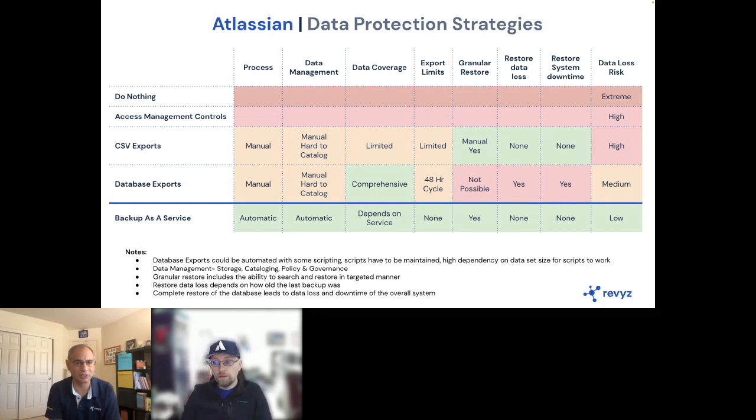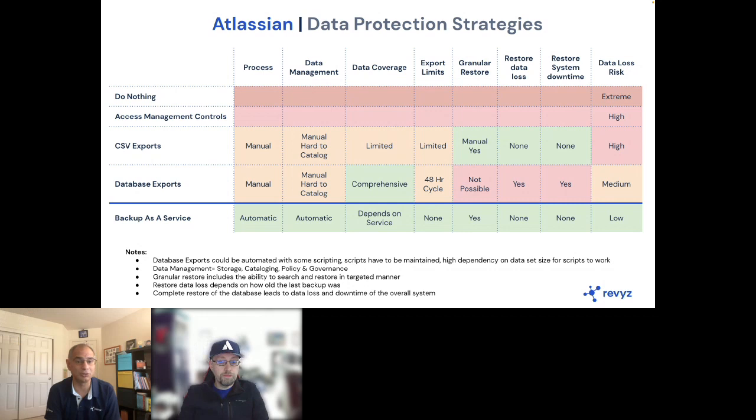So if you had a CSV export, then you could at least get some of the basic information about the ticket back up. You can just restore that one ticket back in, which means you are not necessarily overwriting any of the existing data which is already there in your system. And that's what I mean by restore data loss.